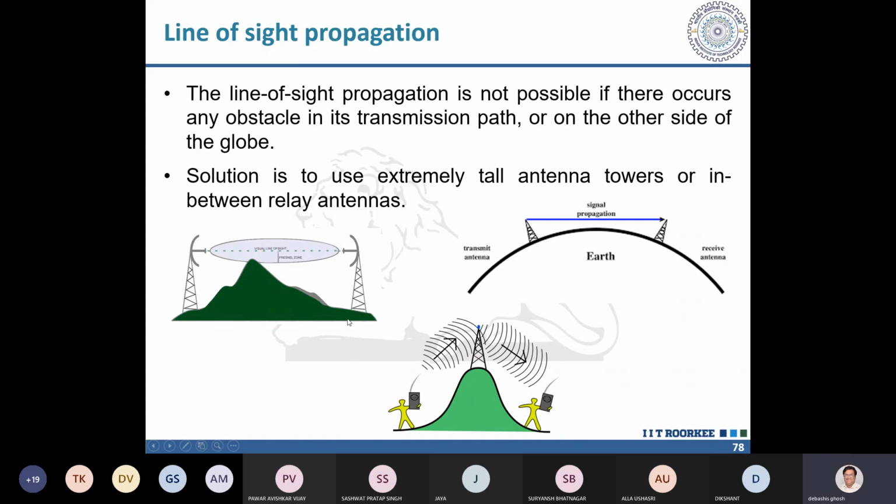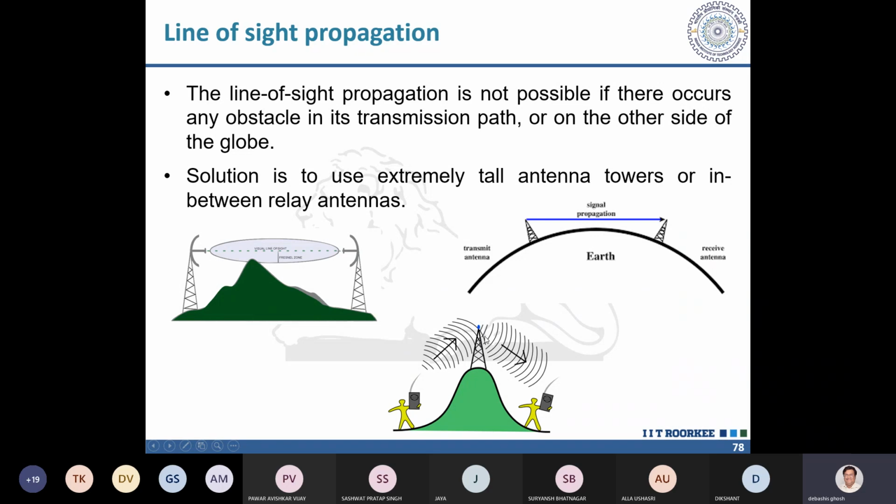So what can I do? I would have to build a tower even taller than the mountain, but that is not feasible at all. So in this case, we can place a transmitting relay station on top of the hill.